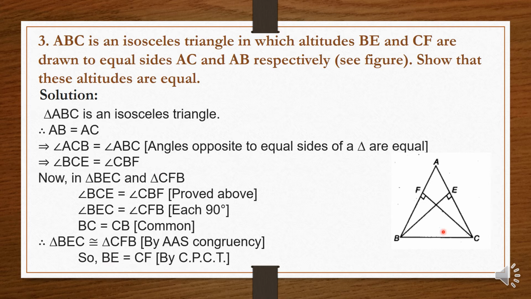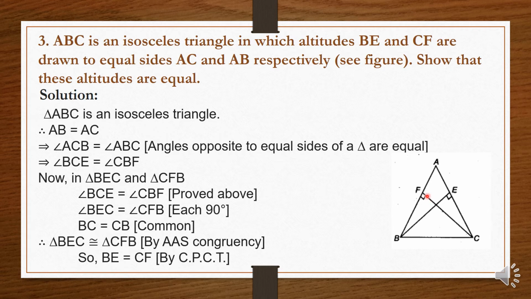Now in triangles BEC and CFB, we can see this is CFB and this is BEC. So we can see that this angle is equal to this. FBC is equal to ECB because we have just proved it right here. Then angles BFC and CEB are also equal because they are 90 degrees, and side BC is common to the two triangles.